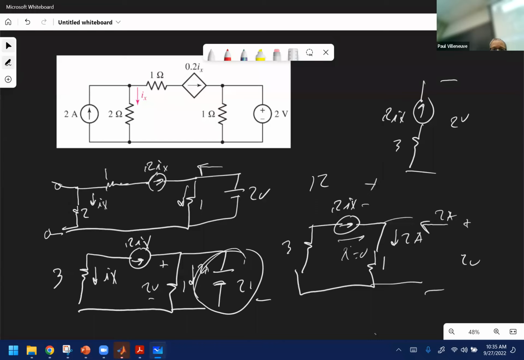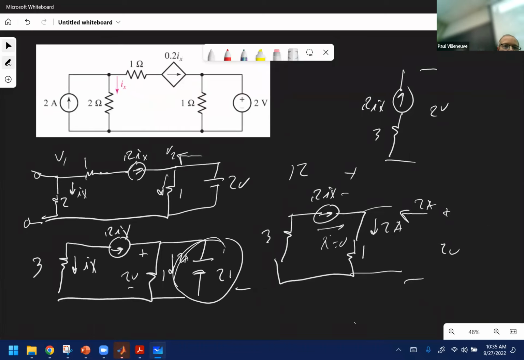So this one might not be able to be done with superposition, because I can't see a clever way. If I did V1 and V2, I know V2 is 12. Why do you know there are 2 amps on the right side? Well, I know that this has 2 amps.